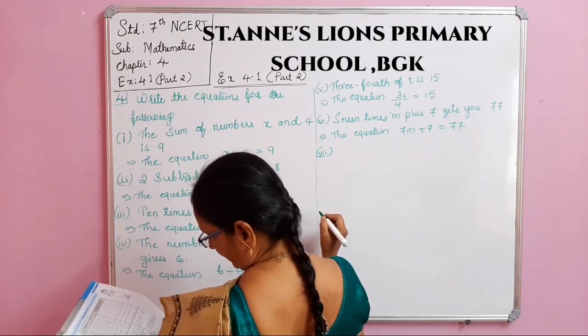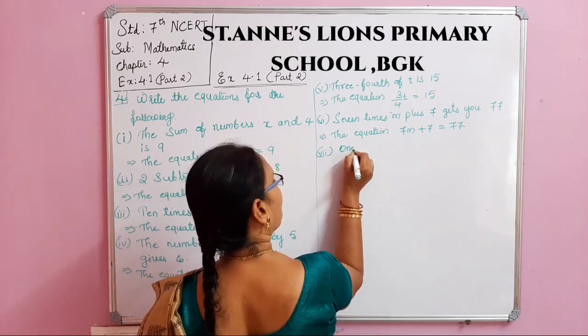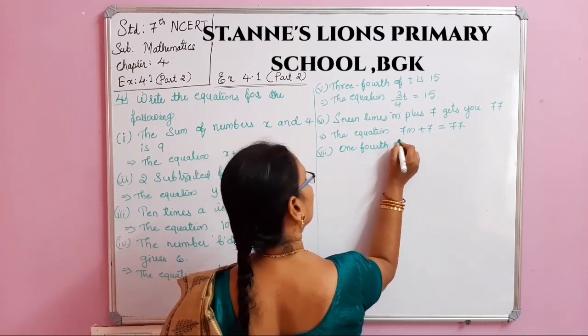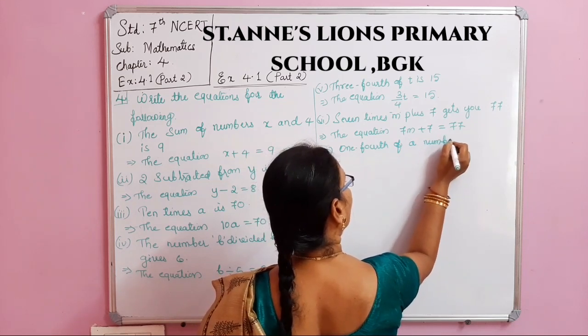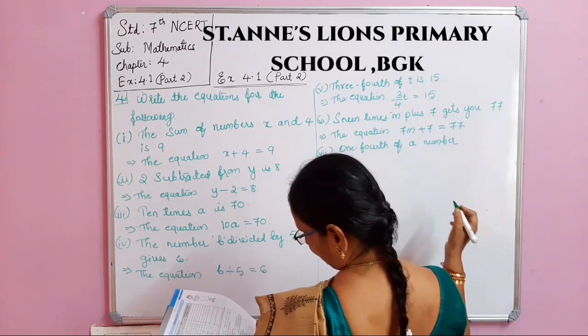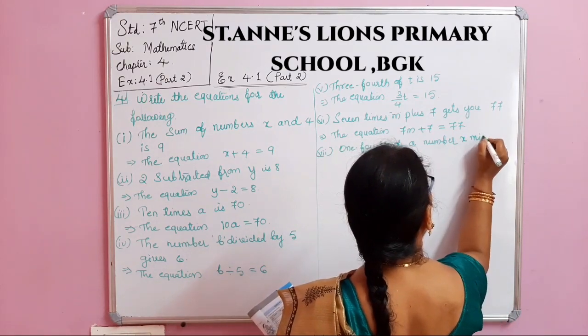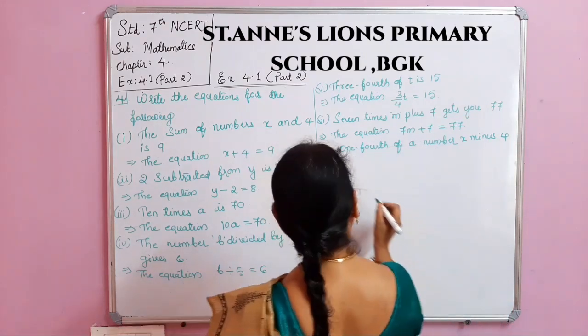Seventh, 1/4 of a number x minus 4 gives 4.